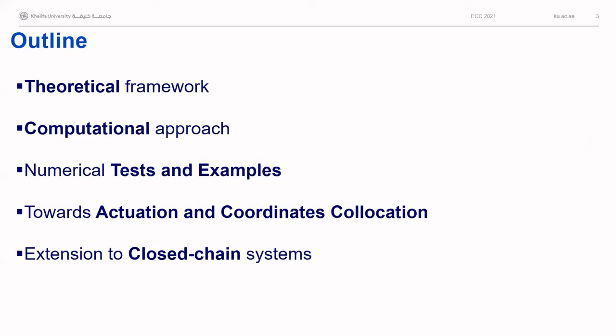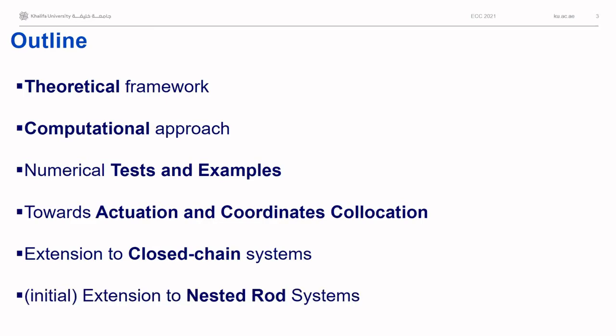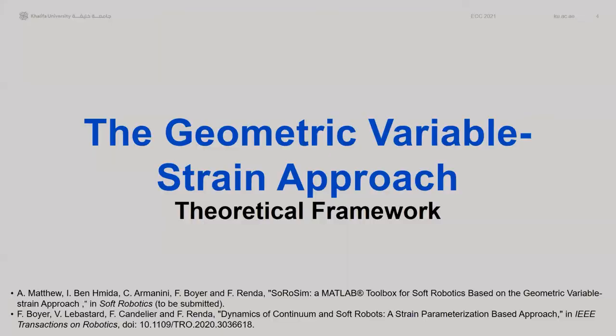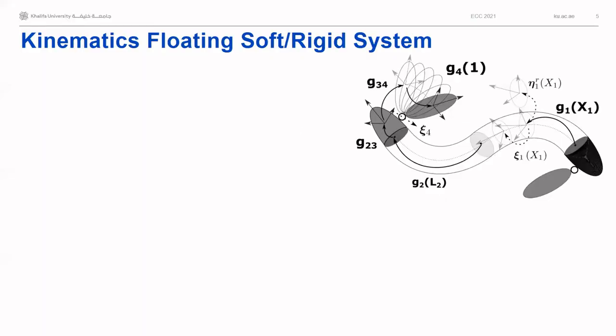I will show some simple extensions to closed chain systems and also an initial extension to nested rod systems that presents some specific challenges. Here you can see some references for the theoretical part if you are interested in what you will see.